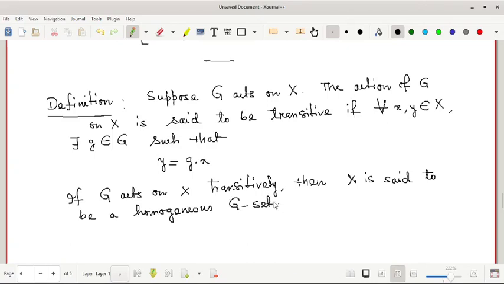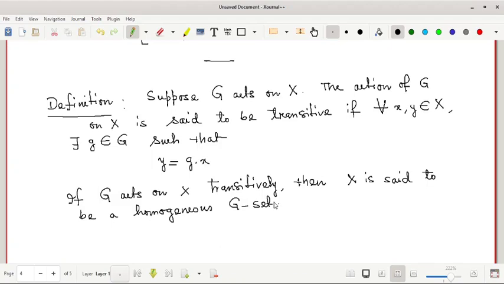So what does this definition say? This definition says that you have a group which acts on a non-empty set X. Then this action is said to be transitive if you choose any two elements in X, then one of them is the action of some element of G on the other.